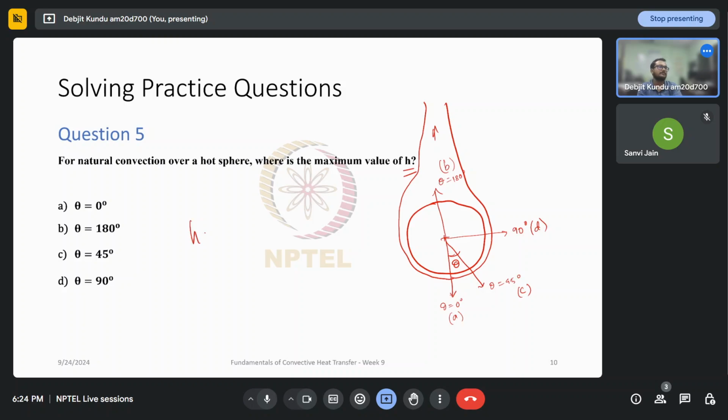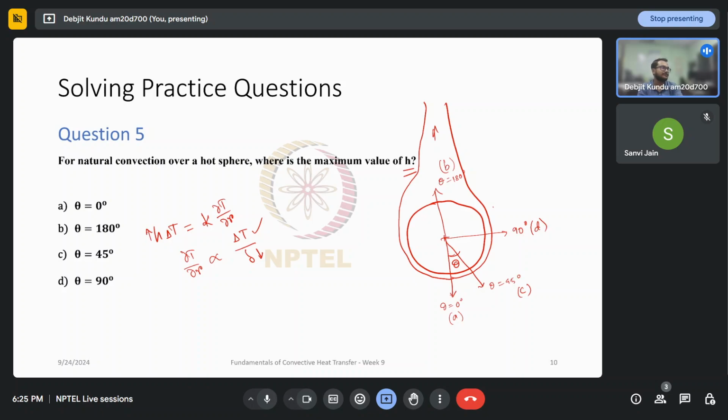So as it turns out, h actually depends on the temperature difference. So as it turns out, this follows something like this: h equals k times dou T dou r, and this dou T dou r actually depends on the temperature difference, which is constant here, divided by the boundary layer thickness. So less the thickness, more would be h.